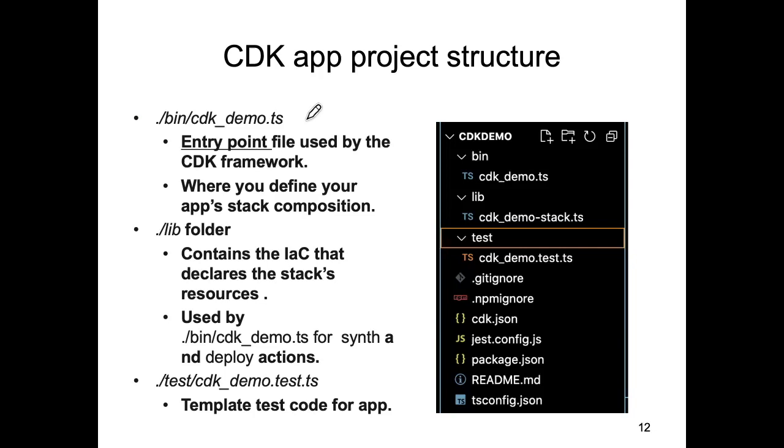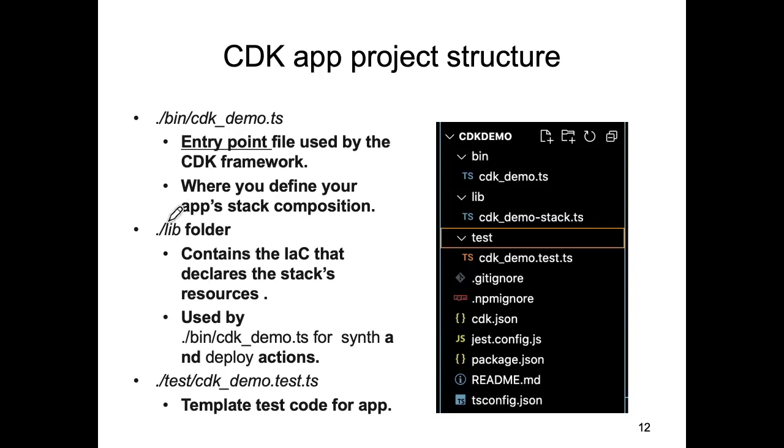Within this bin file is where you essentially instantiate your app, and you specify the stacks that are part of that app. In our case, there will only be one. So there's very little code in this file in the bin folder, but it is the entry point for the framework itself.